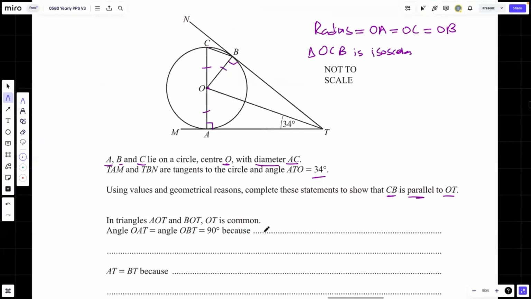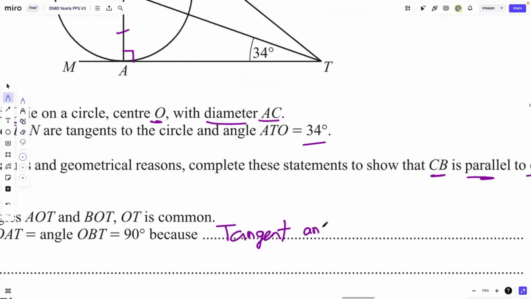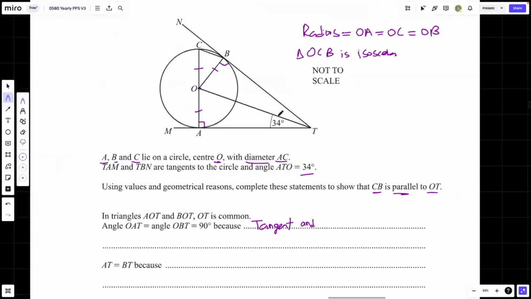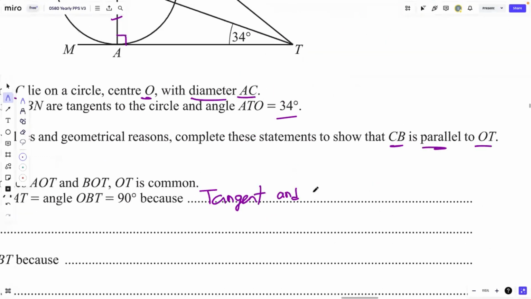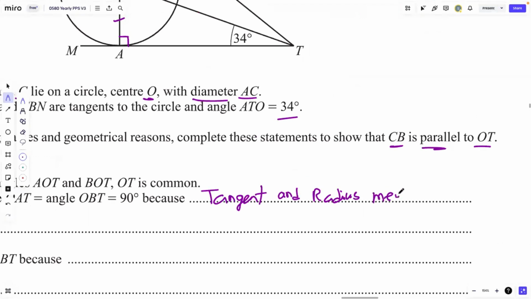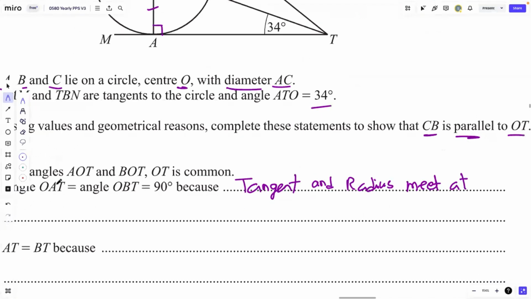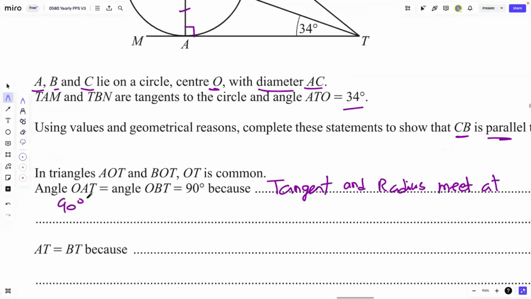And this is because tangent, do not forget to use the word tangent instead of writing the names of the tangents like MAT or NPT. Write tangent and radius because you need to give a general reasoning. Meet at 90 degrees, or write are perpendicular.